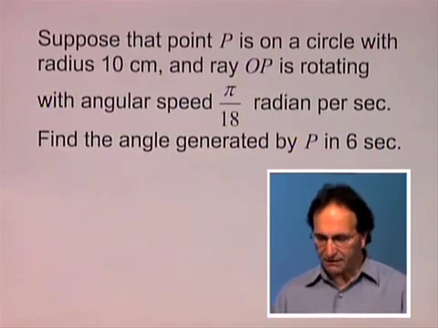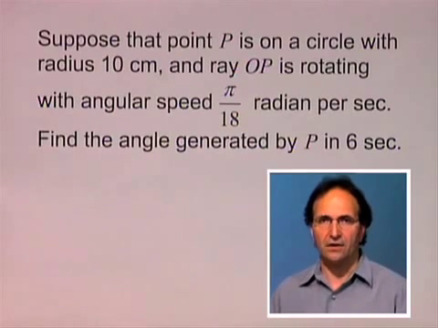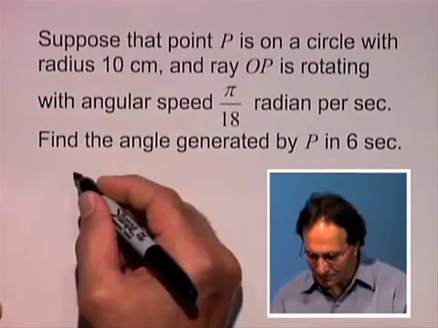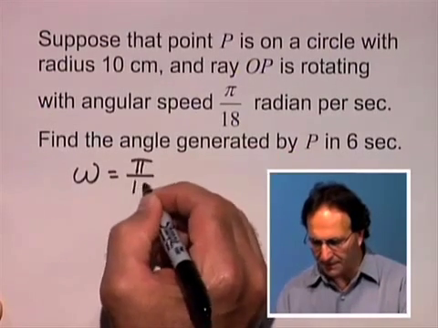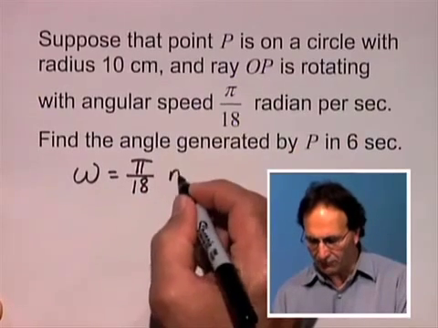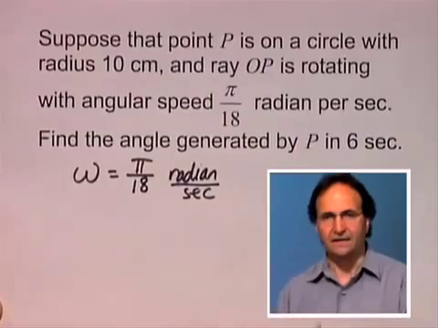So let's begin by writing down the angular speed, which we use the Greek letter omega. The angular speed is equal to pi divided by 18 radians per second.